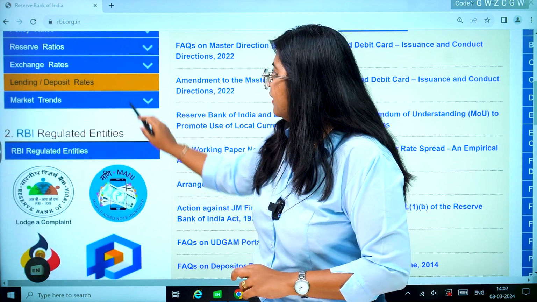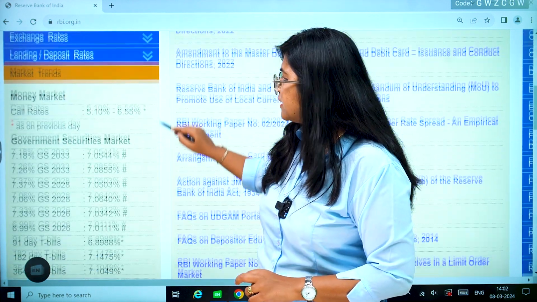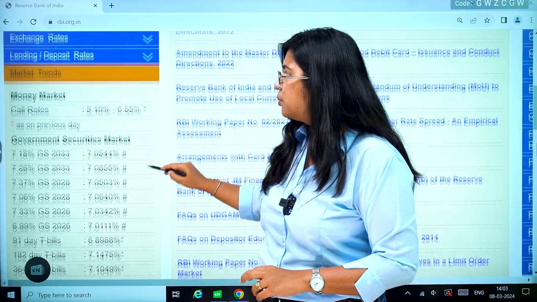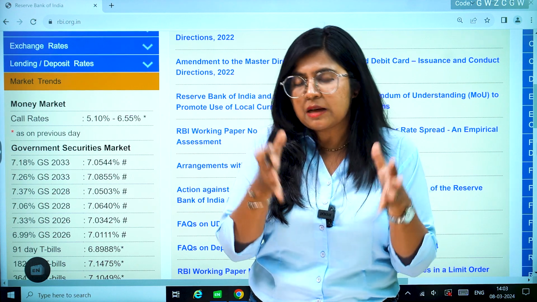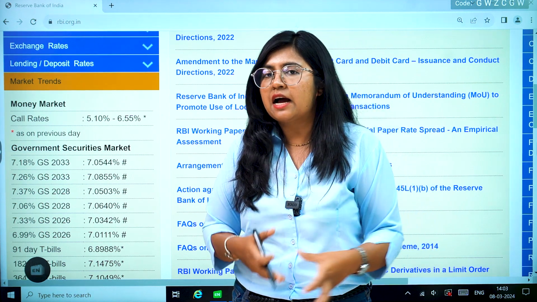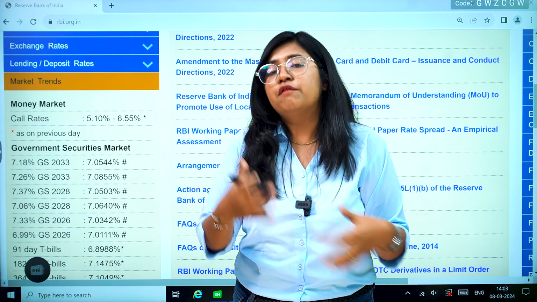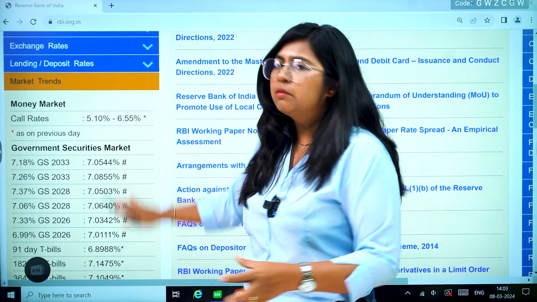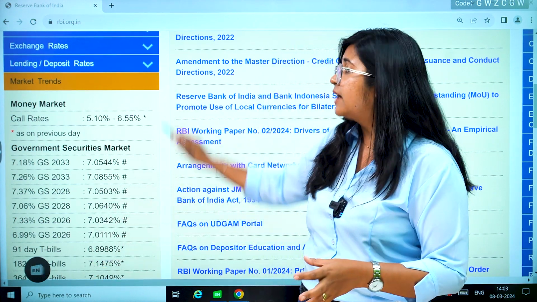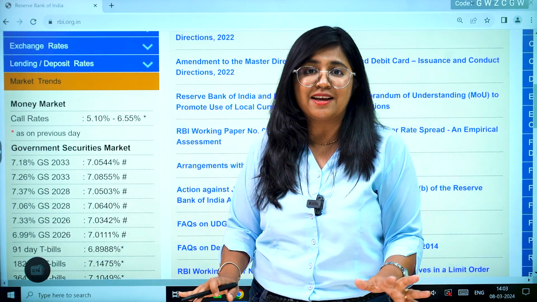Okay. Market trends. Now these are important for students who are preparing for an examination completely related to finance and which has a lot of foreign exchange market syllabus. For RBI Grade B DPER, this is not much important, but you should be aware that this kind of column is also there on the website.